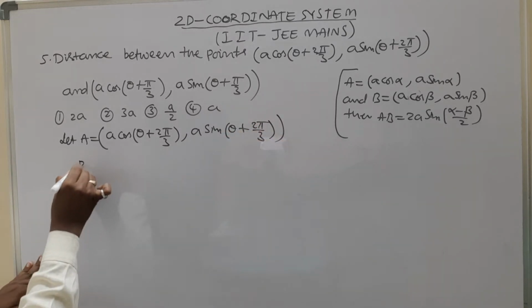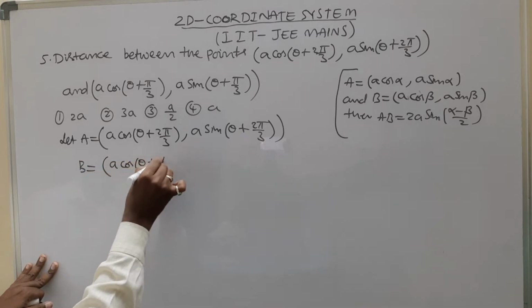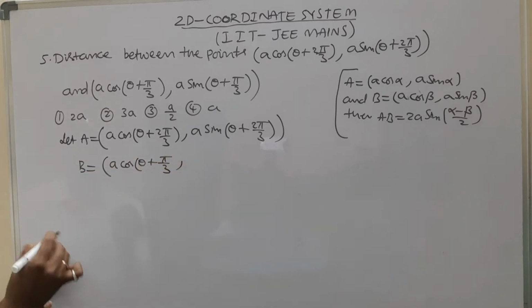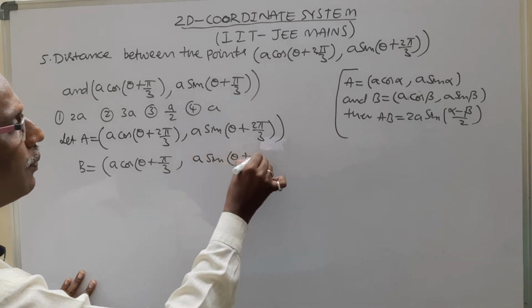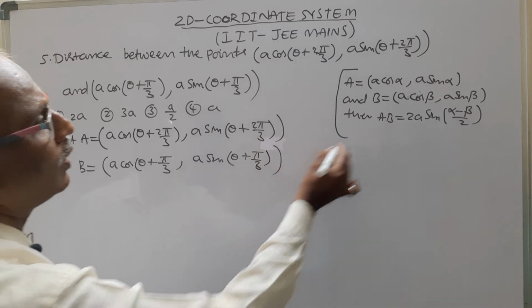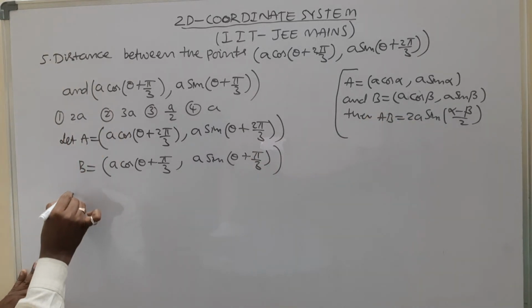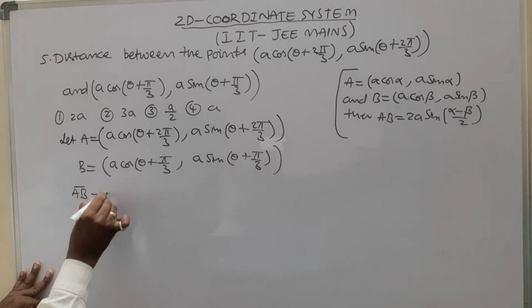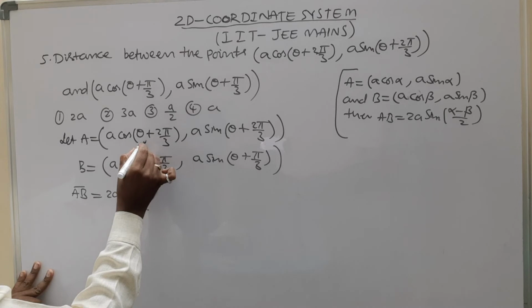B equals A cos of theta plus pi by 3, comma A sin of theta plus pi by 3. To apply this formula, the length of AB equals 2A sin of alpha minus beta by 2.